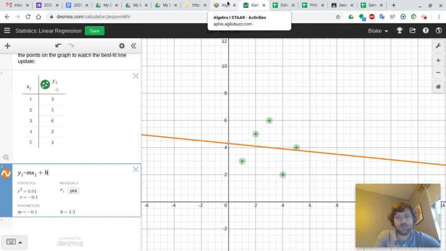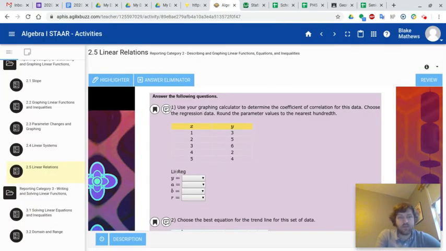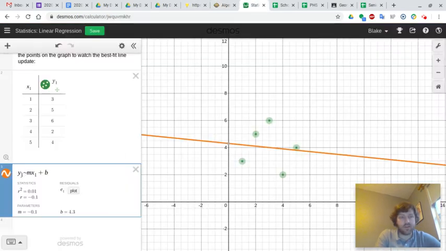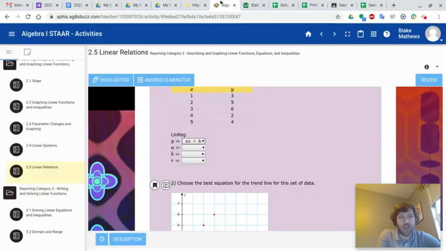So I'm going to jump back over to our answer, and this is asking for the linear regression. The first thing you're going to put every single time is the form of the equation, ax plus b. On our graph, it did mx plus b, but we're going to use a, because most calculators use a when they're doing this.